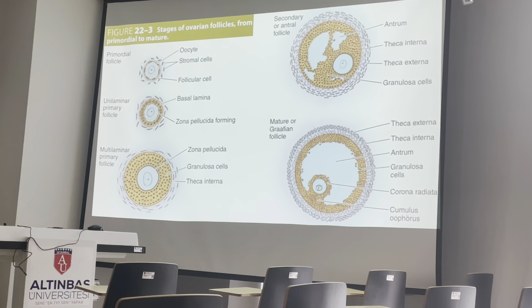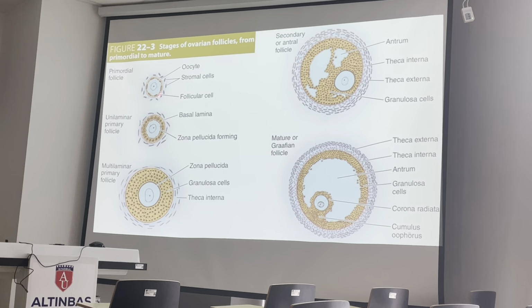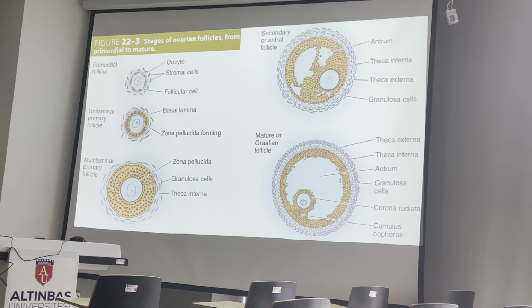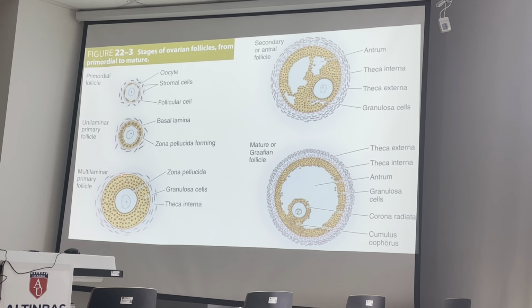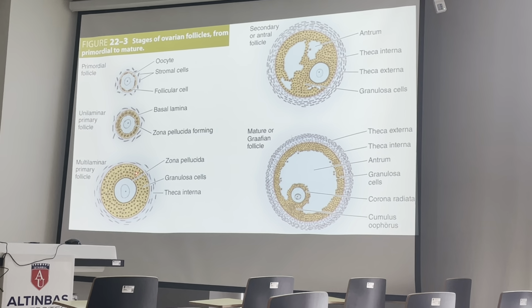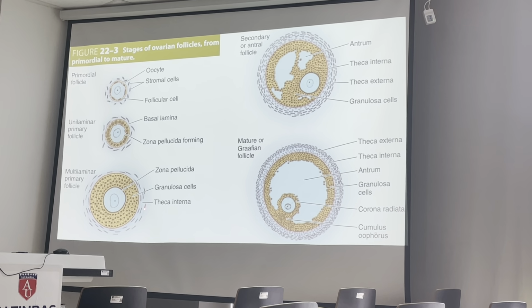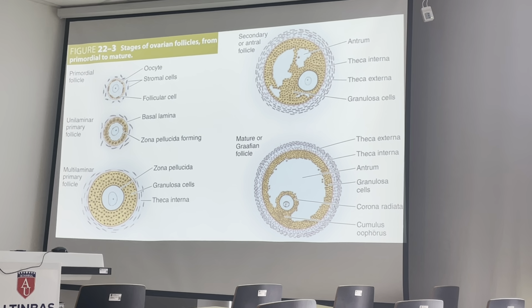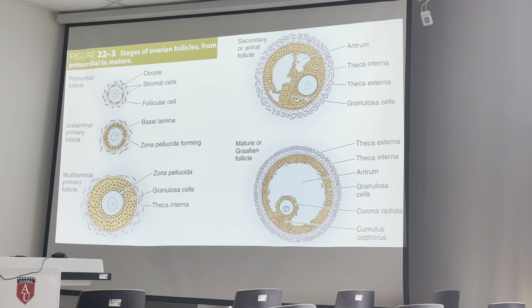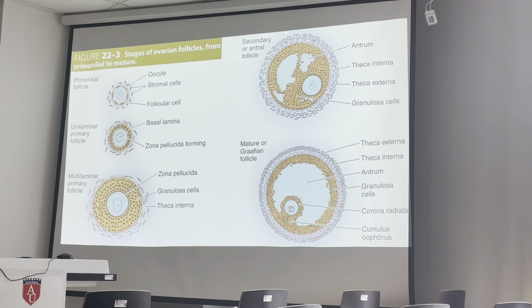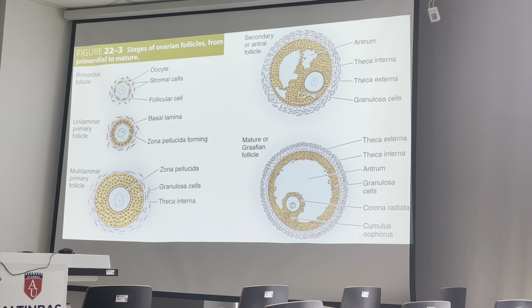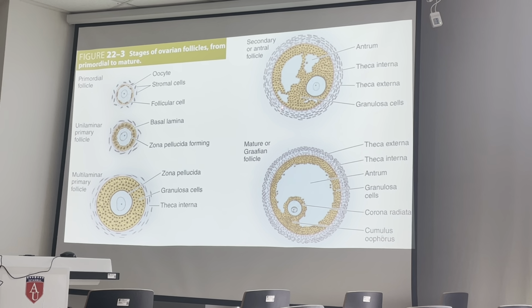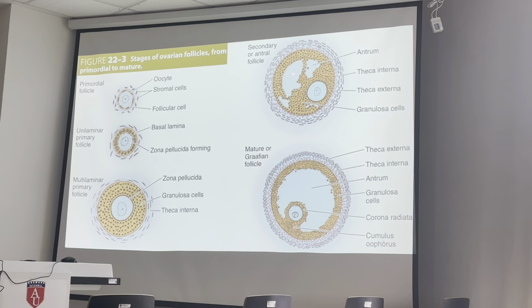You know the names of these follicles: primordial follicle, unilaminar primary follicle, multilaminar primary follicle, and on the outer side of the multilaminar primary follicle you can see the theca cells arranging to form the theca layer. In the secondary or antral follicle we have theca interna, theca externa, and antrums.